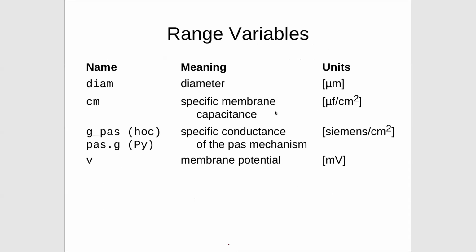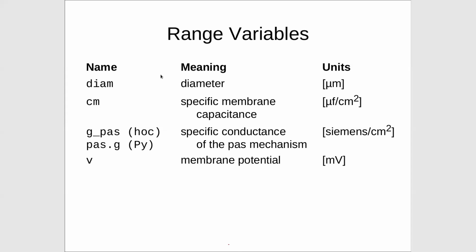All right. So we now get into the notion of variables that can vary in space. What are these? An example is diameter. Sections, neurites, don't necessarily have the same diameter along their entire length. They can vary.